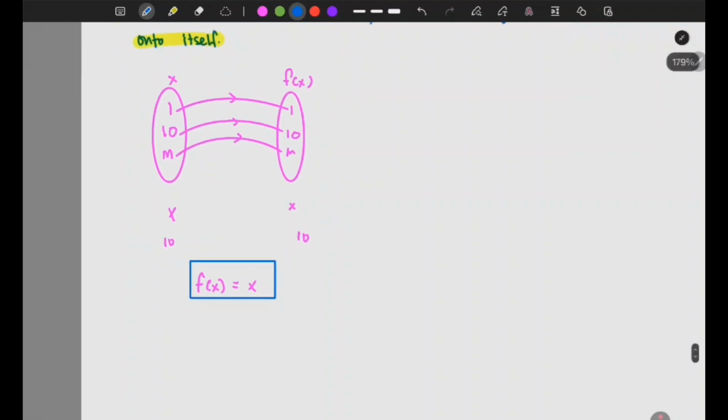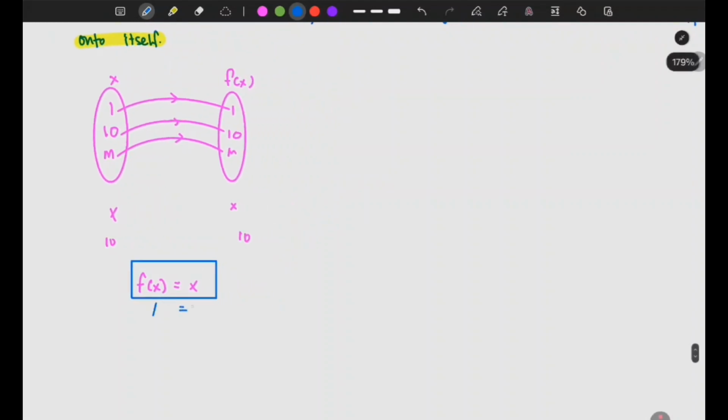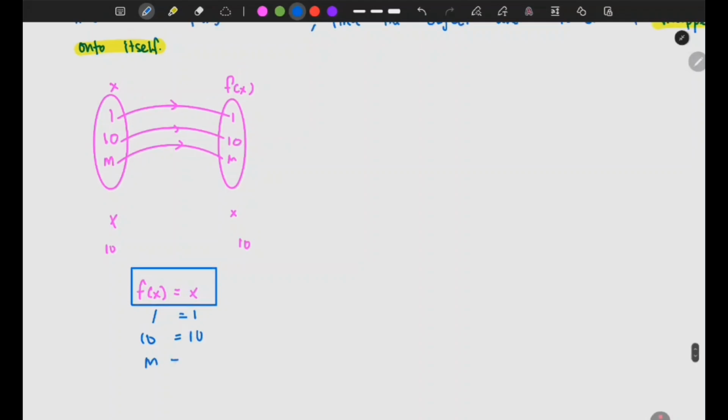Because your f(x) is 1, your x is 1. Your x is 10, your f(x) is 10. Your f(x) is m, x is also m. So I can generate an equation: f(x) equals x.